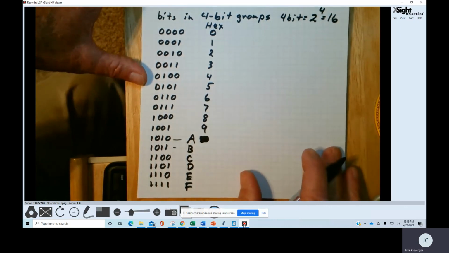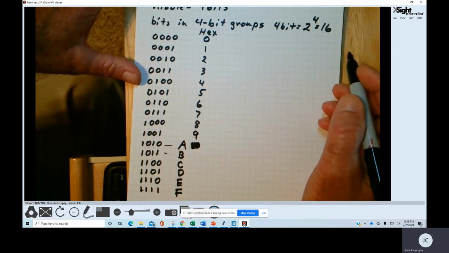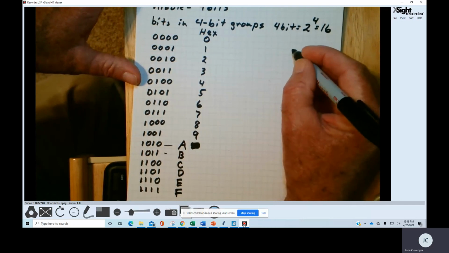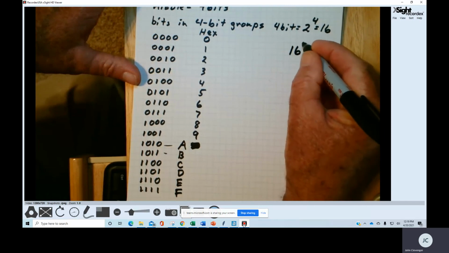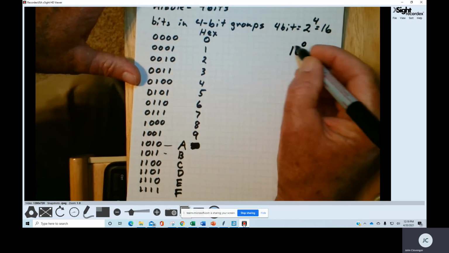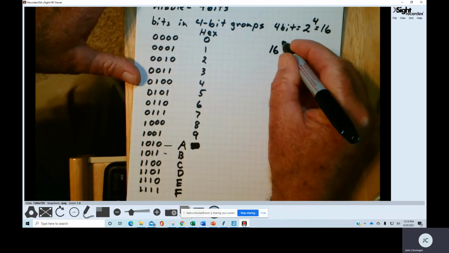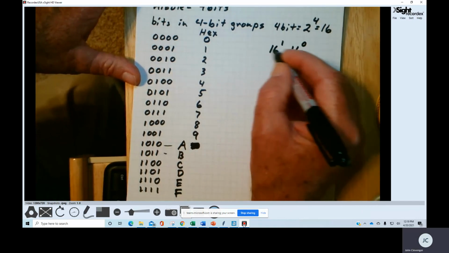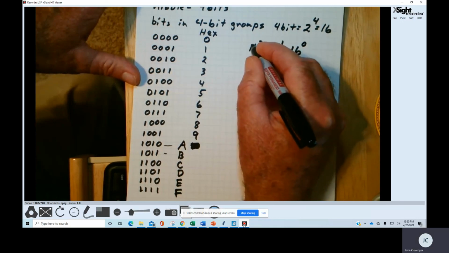Now, when we look at our hexadecimal numbering system, just like we saw with our decimal and binary numbering systems, each unit in the first column is worth 16 to the 0 power. Each digit in the second column is worth 16 to the first power. And each number in the third column would be worth 16 to the second power.